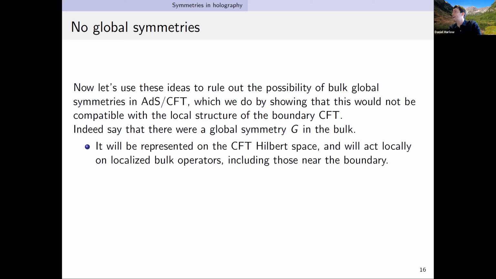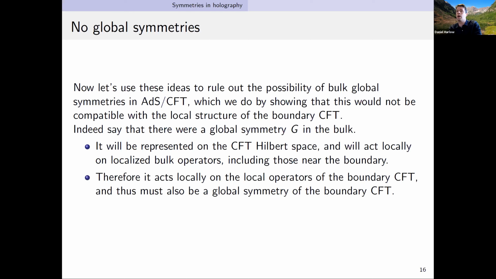And then by this dictionary, since the Hilbert spaces are the same, there will also have to be a unitary representation on the quantum field theory Hilbert space. And moreover, as we discussed, since boundary local operators are limits of bulk local operators, and since this symmetry acts locally on bulk local operators, it'll have to act locally on boundary local operators too. And therefore, it's a global symmetry of the boundary CFT.